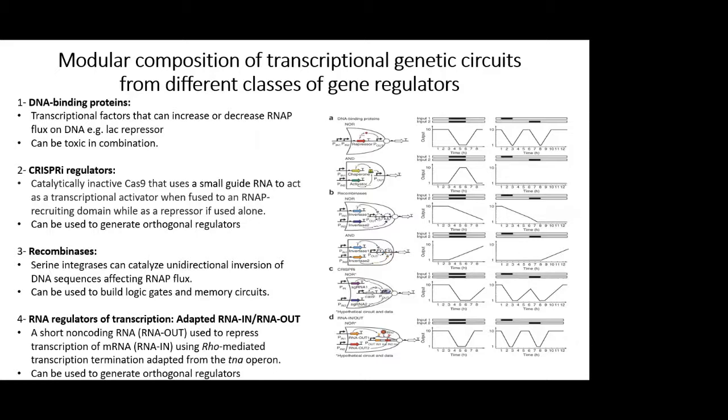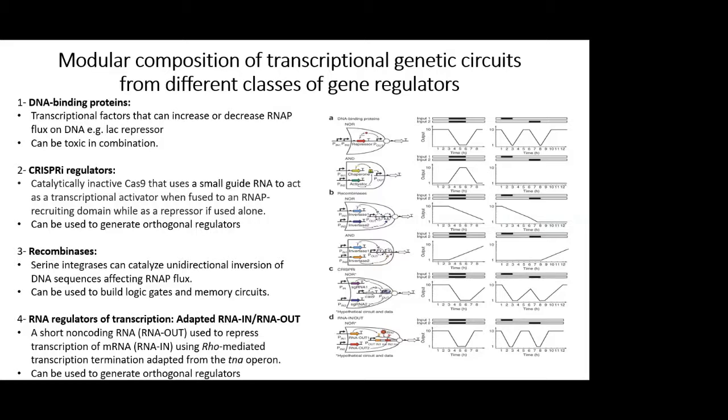We have also another class of regulators that make use of catalytically inactive Cas9. Cas9, as you know, is used to cut specific DNA sequences, but in this case we are using CRISPR Cas9 as a targeting molecular tool.